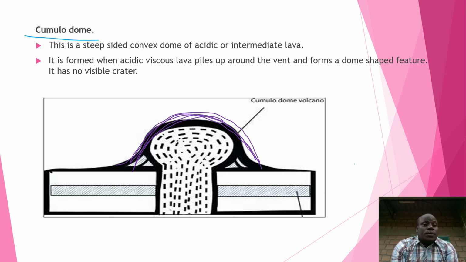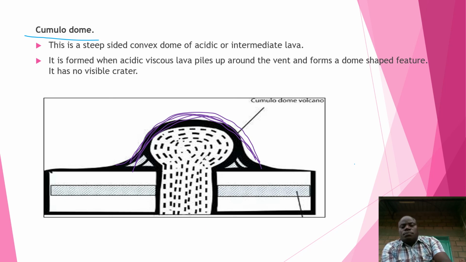How is a cumulodome formed? It is formed when acidic viscous lava piles up around the vent and forms a dome-shaped feature called a cumulodome.